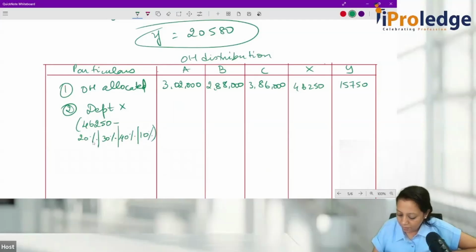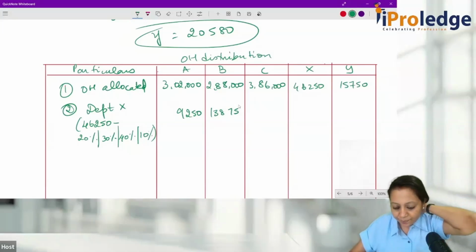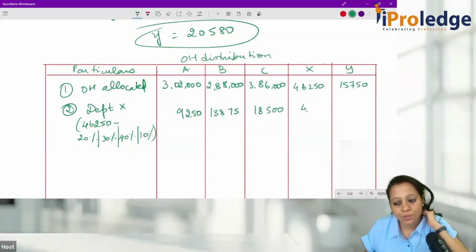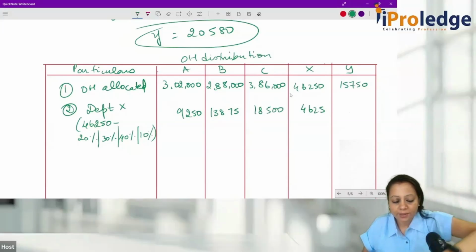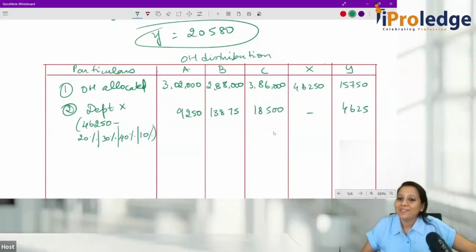So 46,250 into 20%, how much is that? 9250. Then 13,875. 18,500. And 4,625. Yes, everyone?